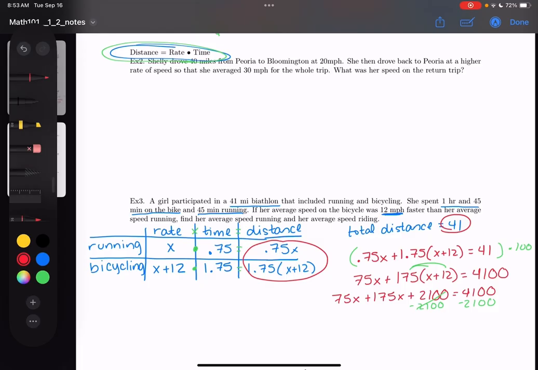Put my x's together, I get 250x equals 2000. And then if I divide both sides by 250, zeros cancel. I get x equals 8.